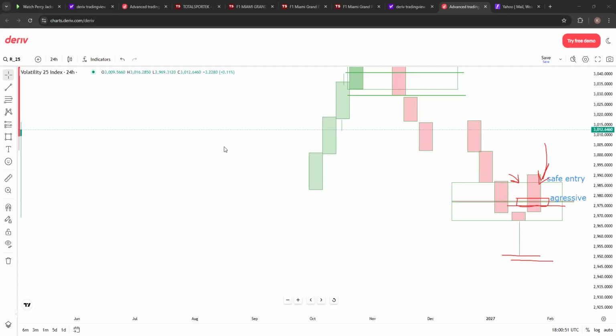On live examples, you see that, say we're in a downtrend, an aggressive entry is actually a change of character, and a safe entry is actually a break of structure. So let me rush to the chart and show you what I mean.